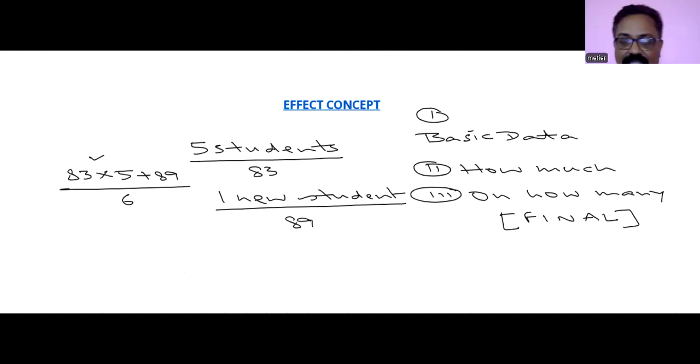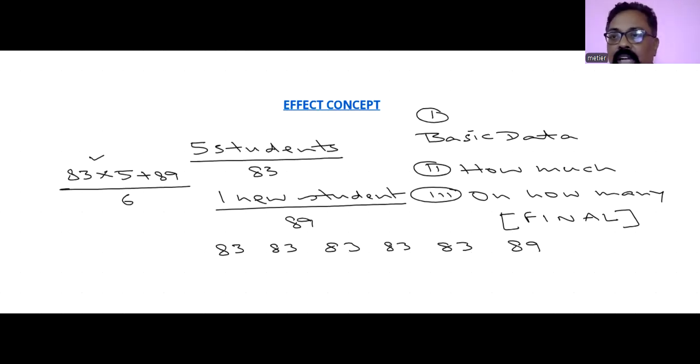Now let's check this. 5 students, average 83 marks. So we assume that each student gets 83. There are 5 students, so 5 times 83. Now, the moment the 6th student joins the class with the score 89, obviously he is contributing more than 83.